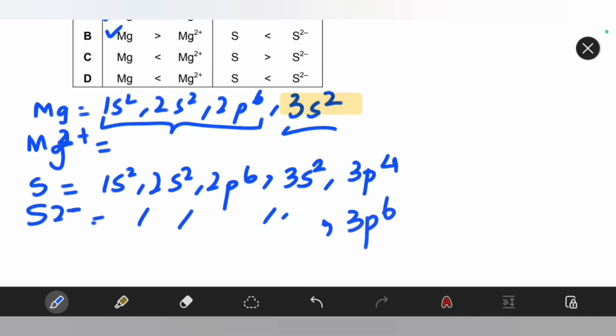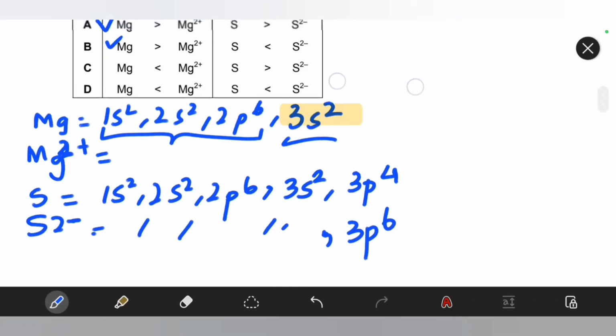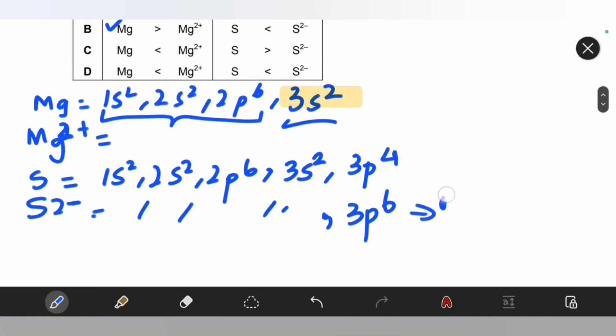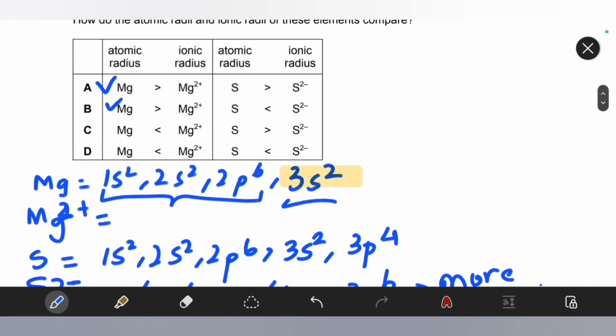So 1 more orbital is filled up, there would be more repulsion, and hence the radius of the sulfide ion would be greater than the sulfur atom. So B is the answer.